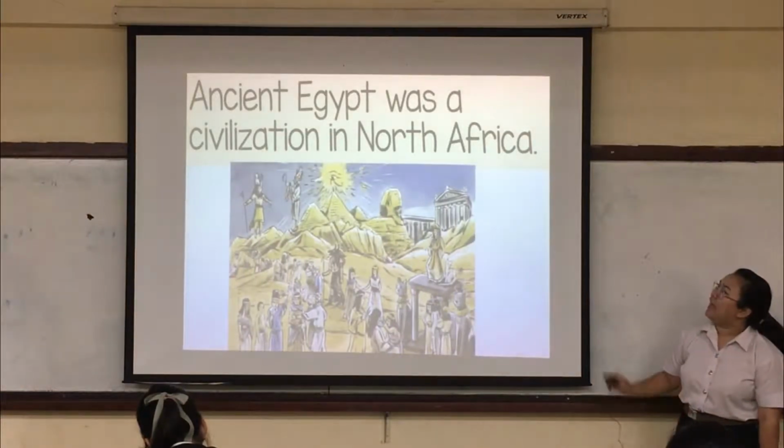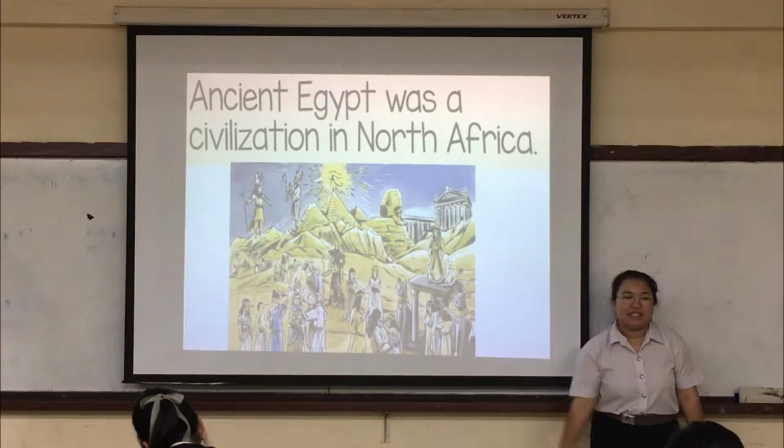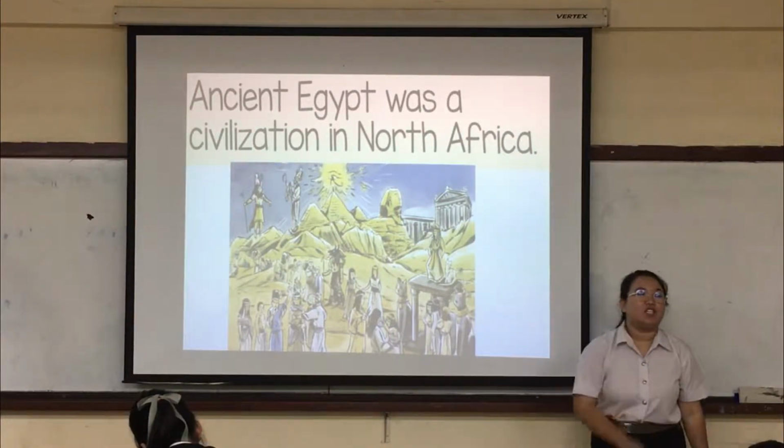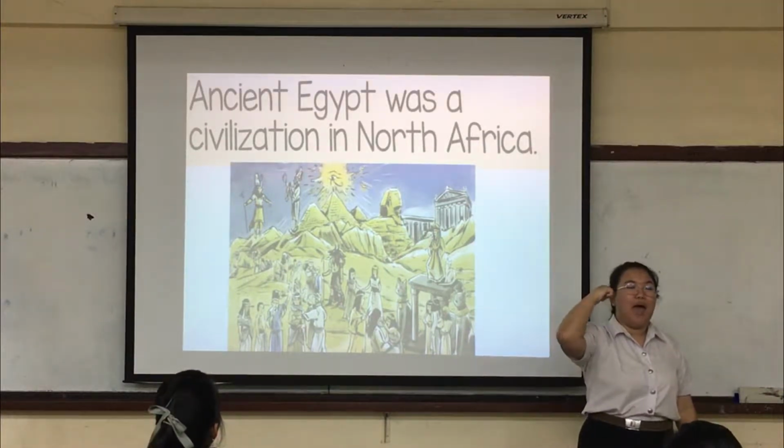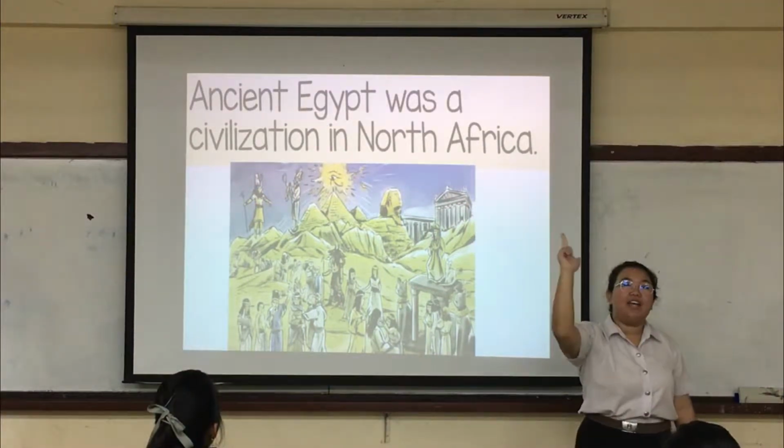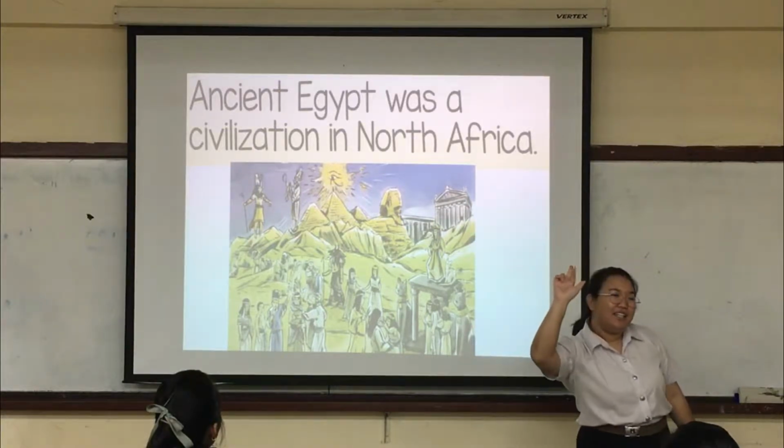So, ancient Egypt is a civilization. In a civilization, we will have people. We will have king and what is it?